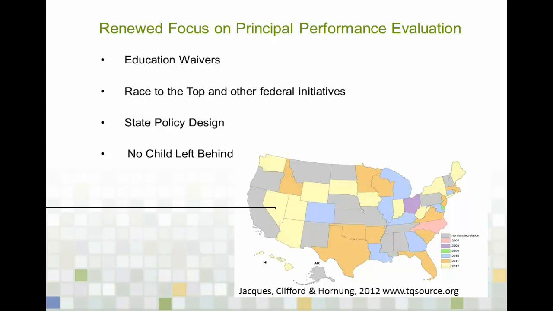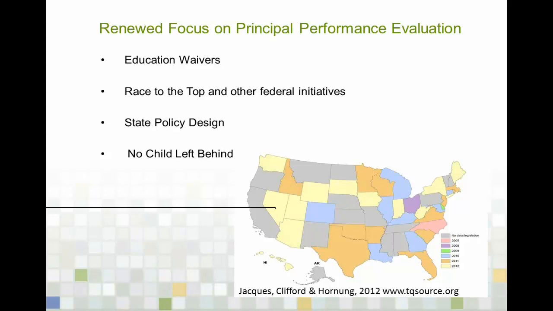That a formative and summative evaluation should probably be included on an annual basis, and that at least with the teacher incentive fund grants, the recommendation is that principals should be observed. Just as teachers are observed, principals should be observed at least twice per year.